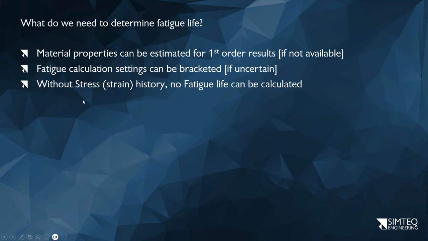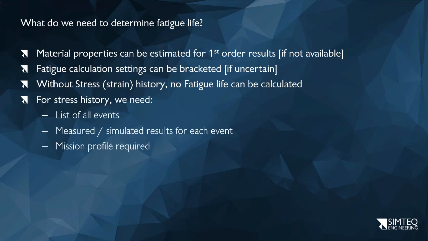The biggest concern is if you don't have a stress or strain history, you cannot calculate fatigue load. So one of the most important things is to find out how or where we get that fatigue load. For that stress history, we need to know if it sees more than one event type, different road types for argument's sake, or in the Conrad example, different engine and load positions.